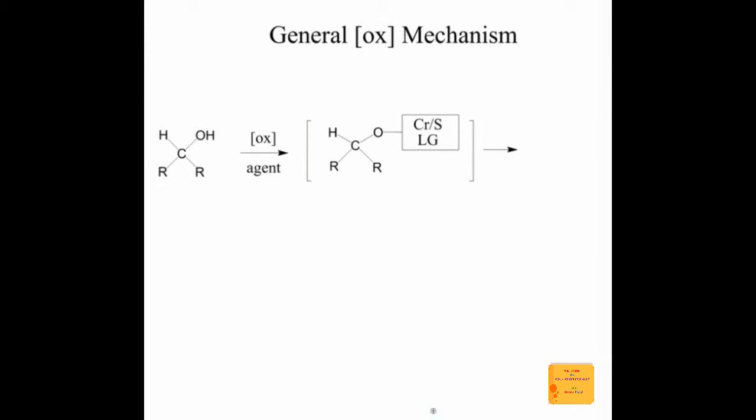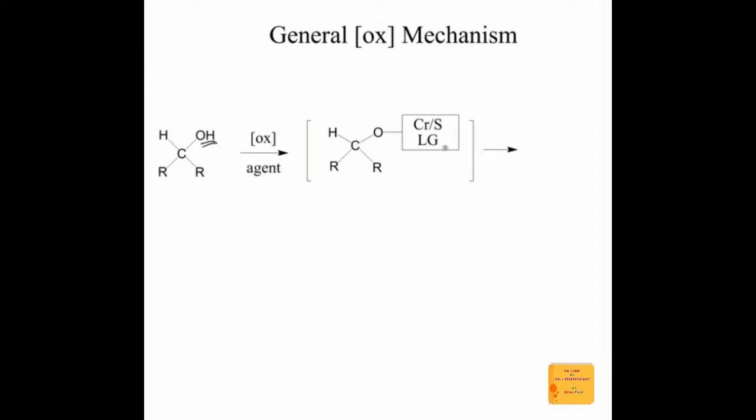So we typically don't get into too much detail with oxidation reaction mechanisms, but just to give you some idea so it's not a complete mystery, what's happening in every single one of these is that whatever oxidizing agent you have reacts first with the oxygen of the alcohol and attaches some kind of leaving group to that alcohol. It's either chromium-based in the case of Jones or PCC, or sulfur-based in the case of the Swern oxidation.